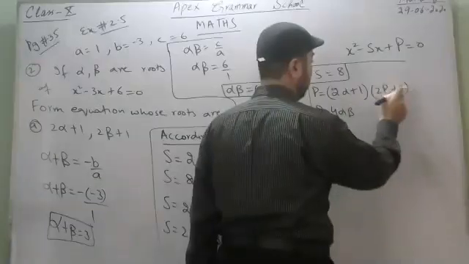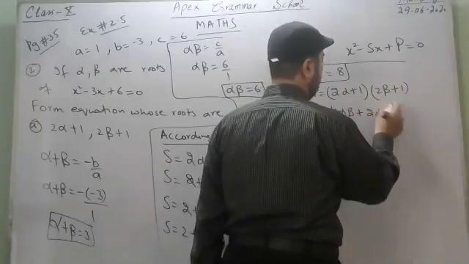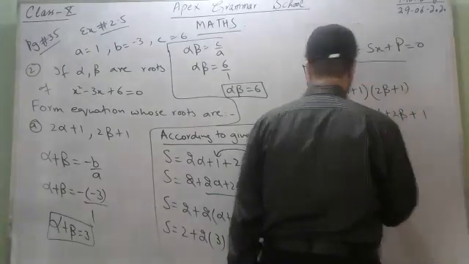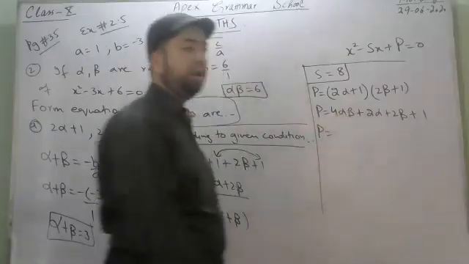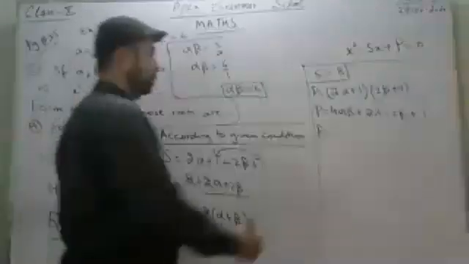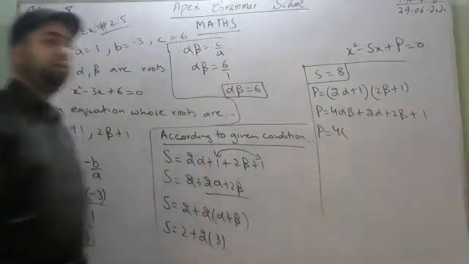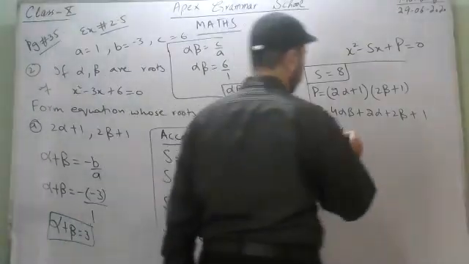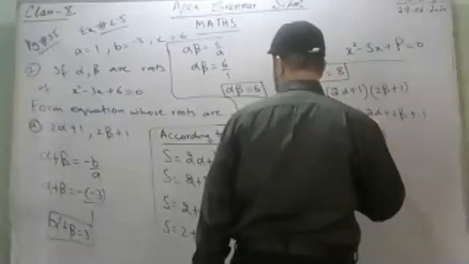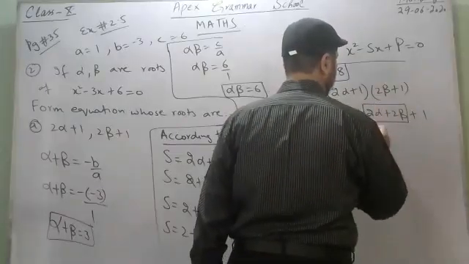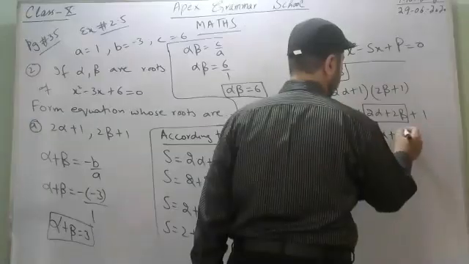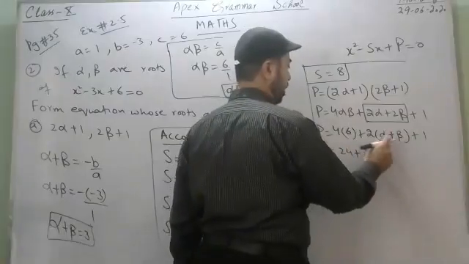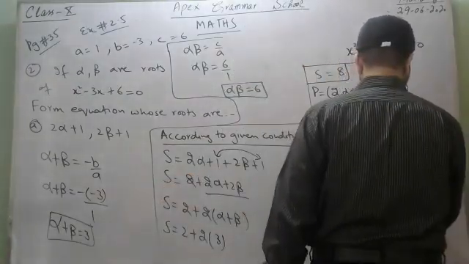After that, 2 alpha into 1 makes 2 alpha. Then 1 multiplied by 2 beta makes 2 beta. And then 1 multiplied by 1 makes 1. So 4 alpha beta, and we already have the alpha beta value, that is 6, so put it in, plus again you have 2 common, alpha plus beta, and then 1. 4 times 6 is 24, plus 2 into alpha plus beta, that is 3, plus 1.